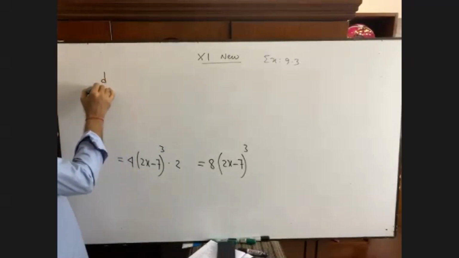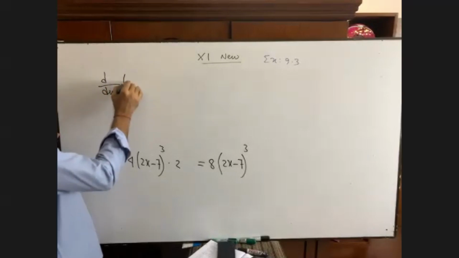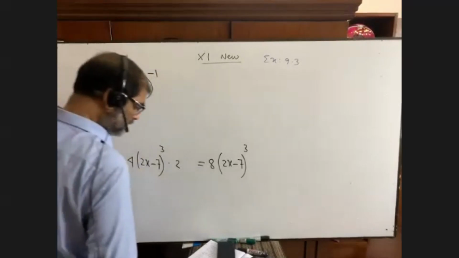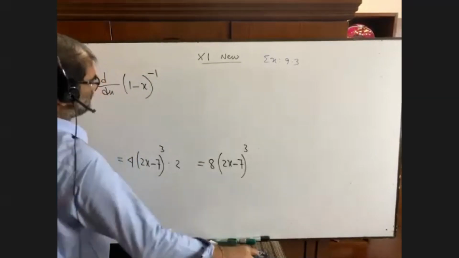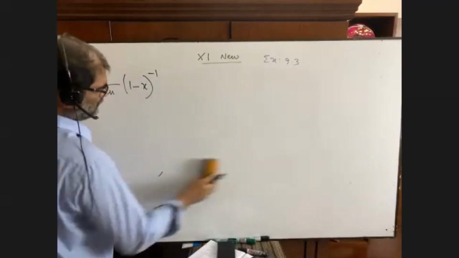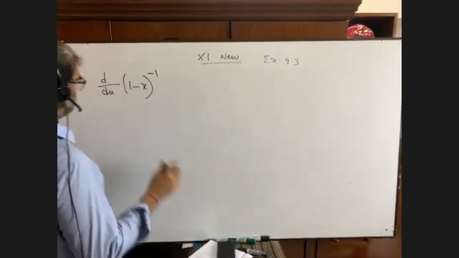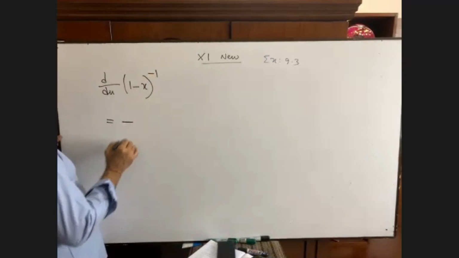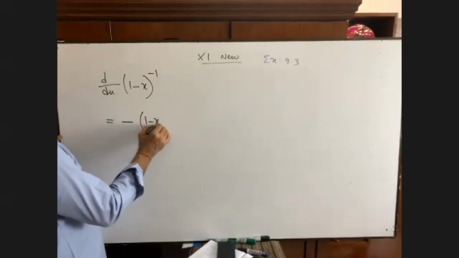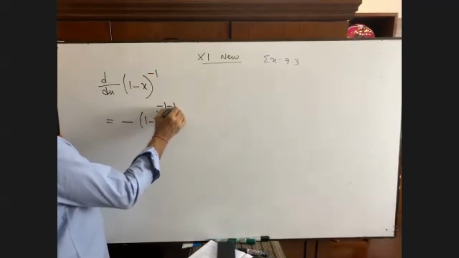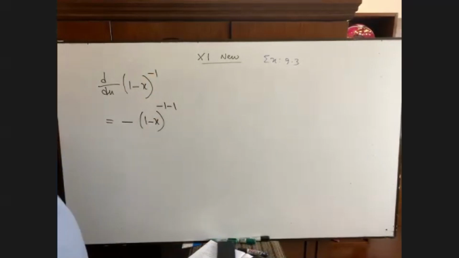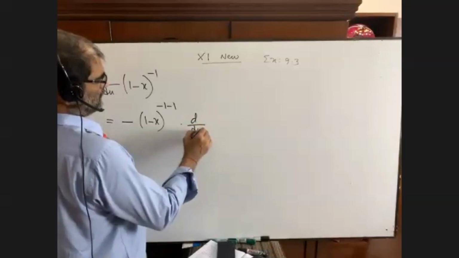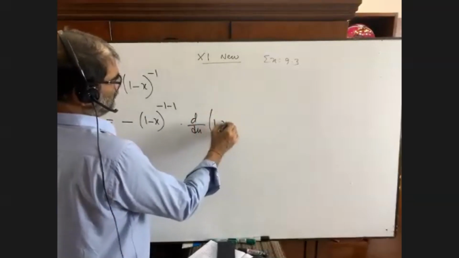d by dx of (1 minus x) whole to the power minus 1. Very easy and simple. How to do this math? This is a power, so minus 1 times (1 minus x) to the power minus 1 minus 1. But the math is not done yet. It is d by dx of 1 minus x.